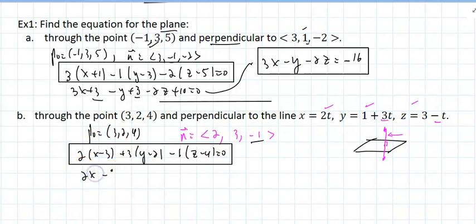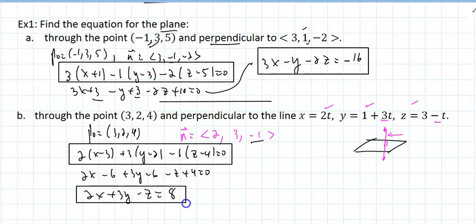The back of the book will most likely simplify. 2x plus 3y minus z equals, that is negative 12, negative 8, that's an 8. There it is. That's a plane that contains the following point, and the perpendicular vector to it is that.